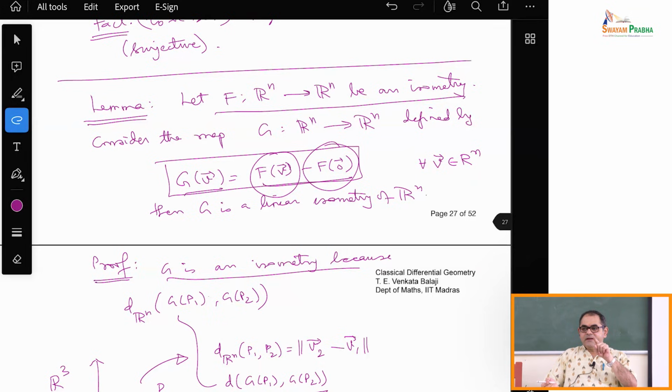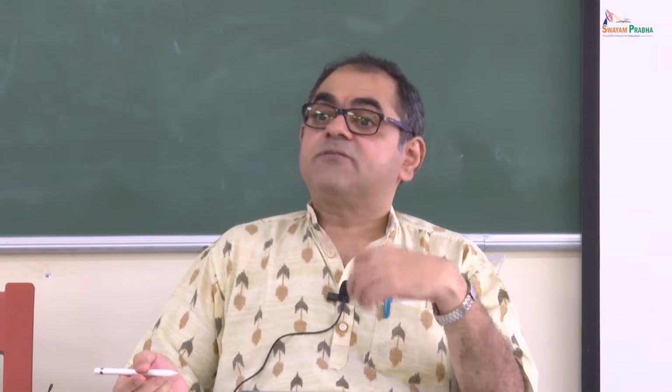So it is actually applying f first and then applying a translation. So it's a composition of f and a translation. Okay, but f is an isometry, translation is also an isometry, and a composition of isometries is an isometry. Therefore, G is an isometry.